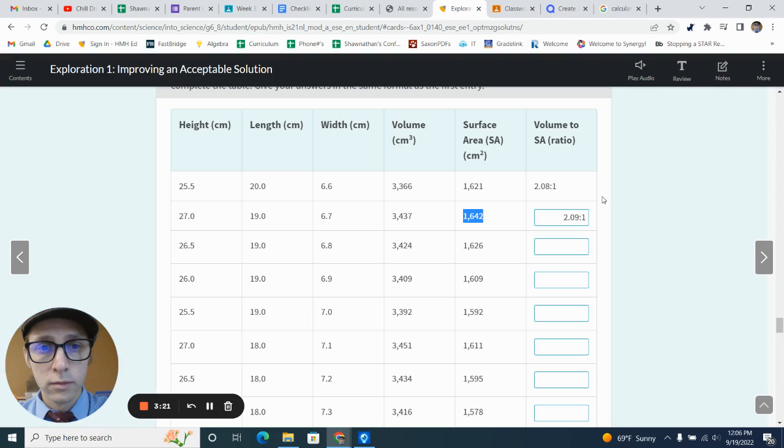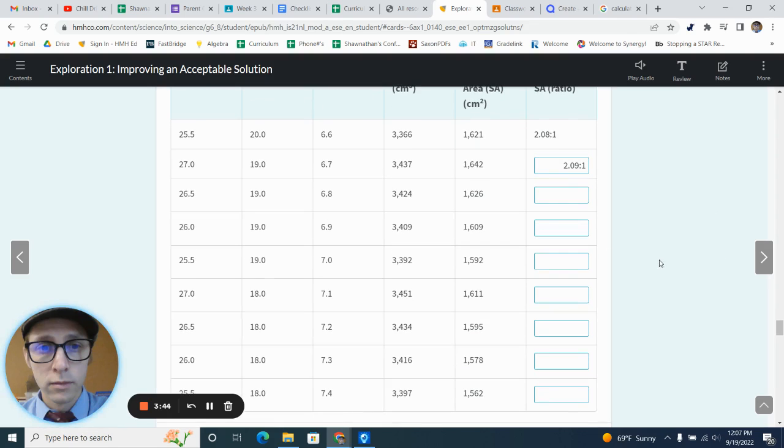And all we're really saying is that for every 2.09, or 2 and 9 hundredths, of this volume, you get 1 instance of your surface area, okay? And that's what you're really doing.